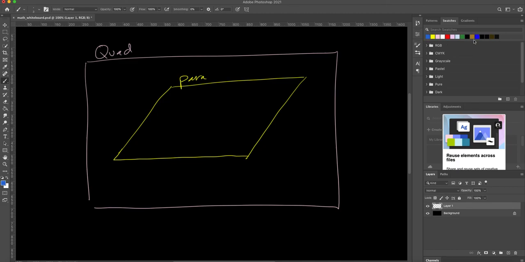Okay. And then in blue, I'm going to draw a rectangle. So all rectangles are parallelograms, and all rectangles are quadrilaterals. And so that's a rec. Okay.